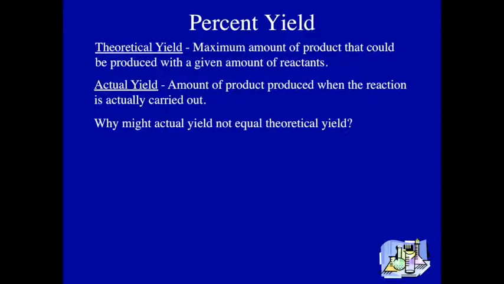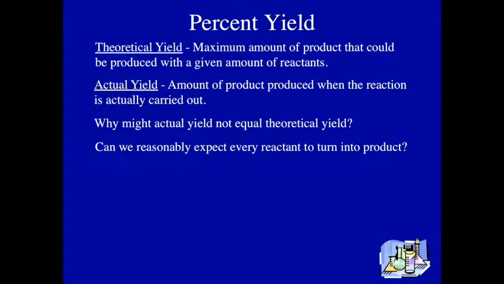So as for why an actual yield might not equal the theoretical yield, there are several reasons, but really we can't expect every single reactant to turn into the product that we expect it to turn into. There are just all sorts of factors that would prevent every single molecule or every single formula unit or atom from turning into the product that we would expect.